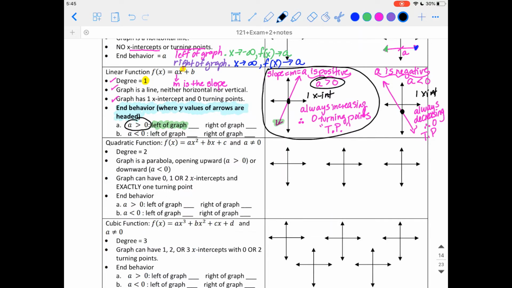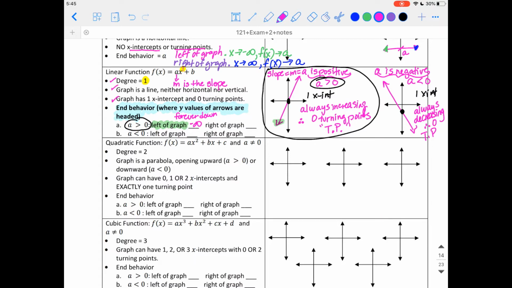And so the left of the graph, where are my y values headed? Well, my y values are headed forever down. And we write forever down as negative infinity.